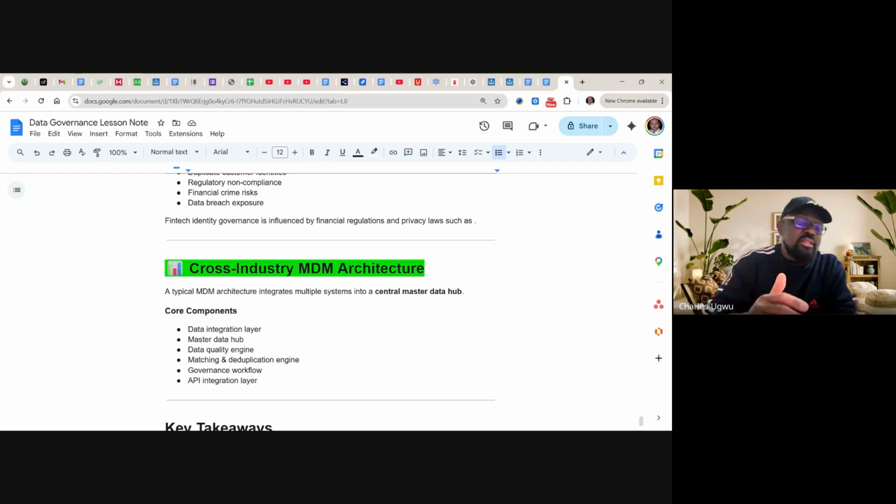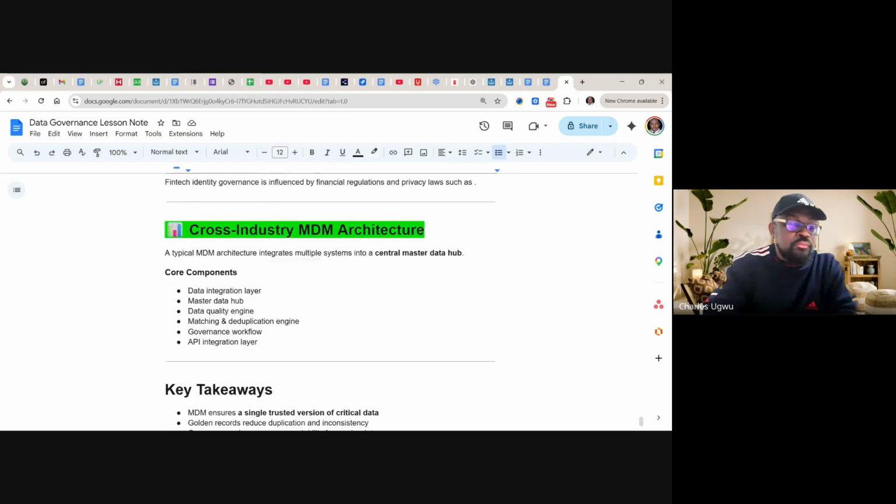Any other thing on top of this layer is good. But these core components, every industry must have, whether it's healthcare, education, finance, retail, anywhere. You must have these basic components within your master data infrastructure.